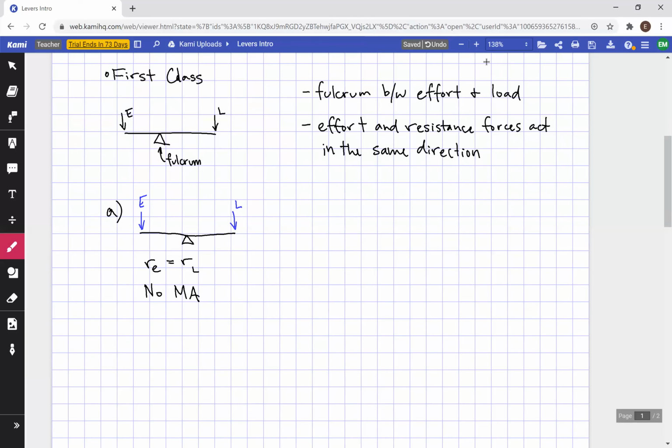You don't actually benefit from using a lever. You might as well just pick up the load. The only thing this does is it changes the direction of the force. Right? If you push down, it's going to cause the load to move up, but it won't change the magnitude of that force.